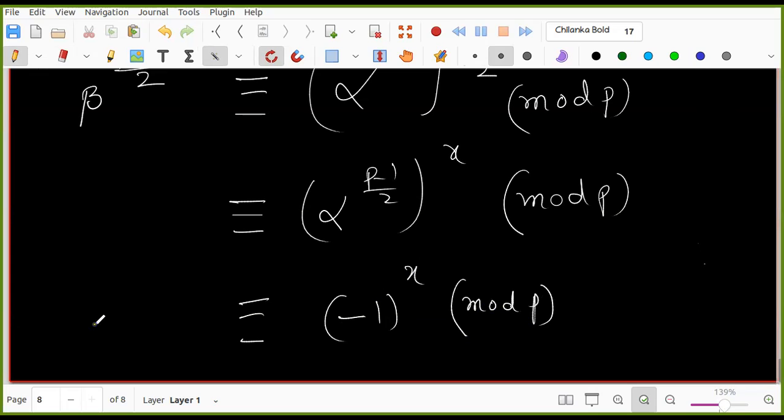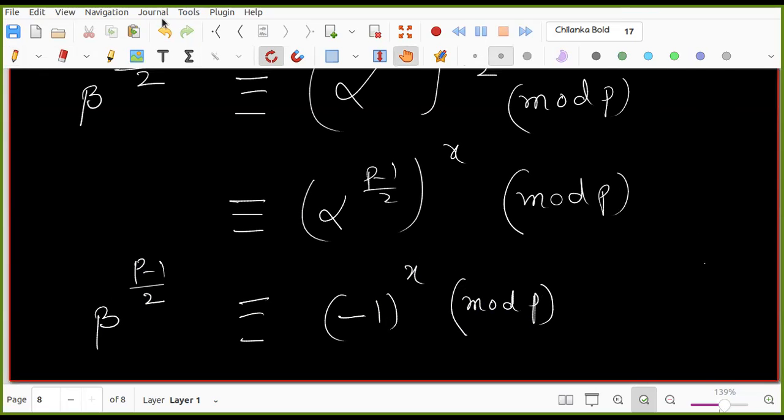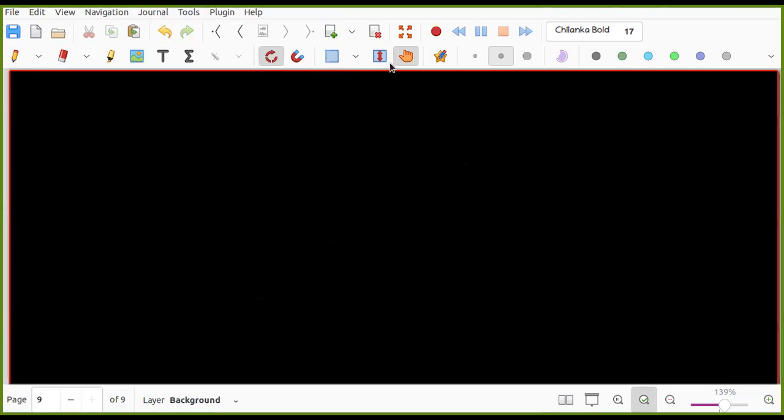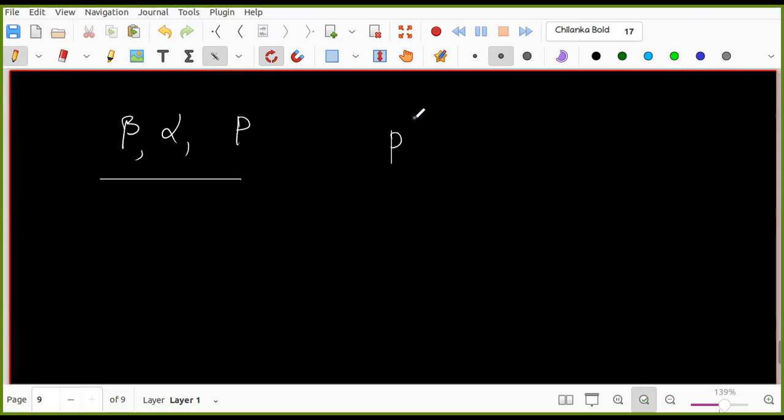So I have beta power (p minus 1) by 2 is congruent to minus 1 power x mod p. Everyone knows beta, alpha, and p. Now I can compute beta power (p minus 1) by 2 because I know both beta and p.